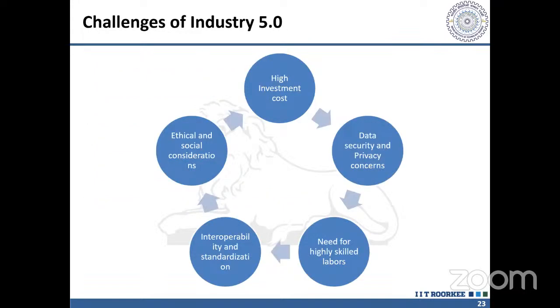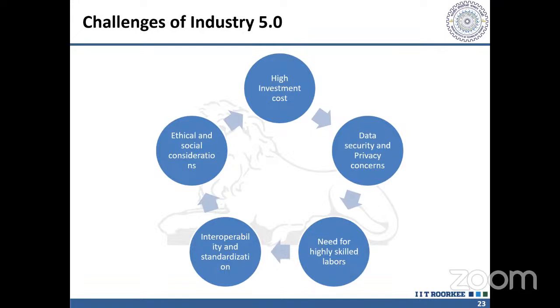So there are various challenges in Industry 5.0. First is the high investment cost. The implementation of Industry 5.0 requires a significant investment in advanced technologies and infrastructure.